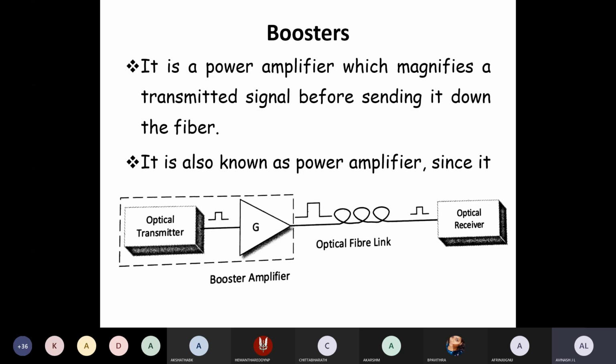It is also known as a power amplifier since it increases the power on the input side.